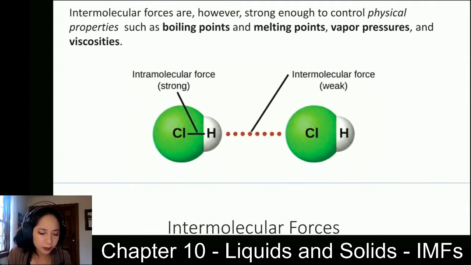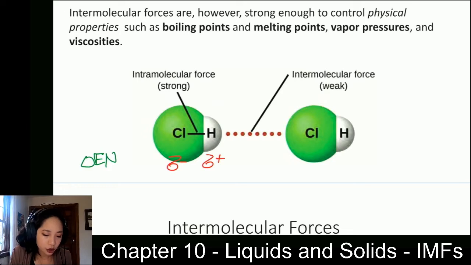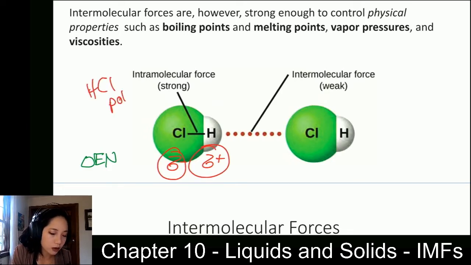So here's an example of a sample of HCl. We know that hydrogen and chlorine have a dipole moment. It is a polar molecule because there is a difference in electronegativities of chlorine and hydrogen. I don't know what the number is, but the number doesn't matter because I know that chlorine is much more electronegative than hydrogen. It's the partial charges in this polar HCl molecule that give rise to intermolecular forces.